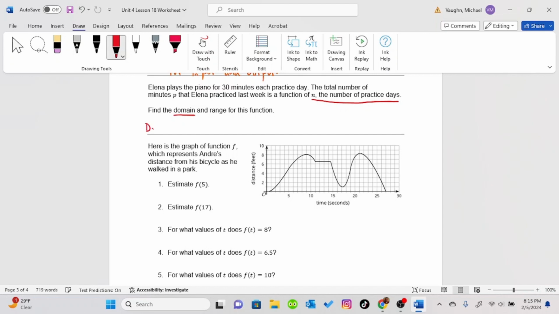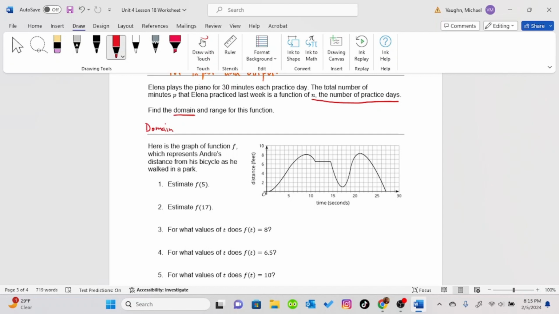So my domain would need to be whole numbers because I cannot have partial practice days. She either practices or she doesn't practice.